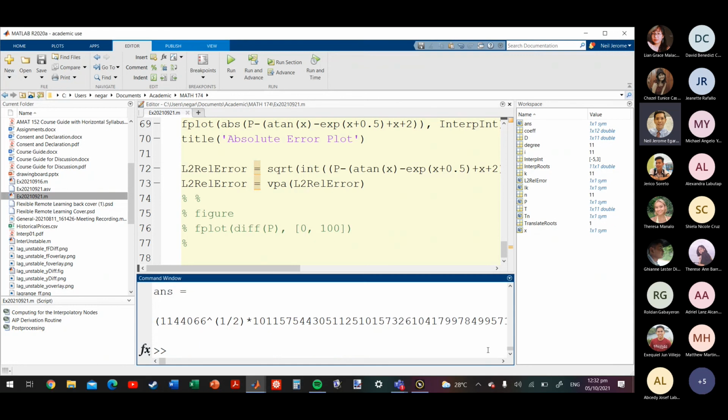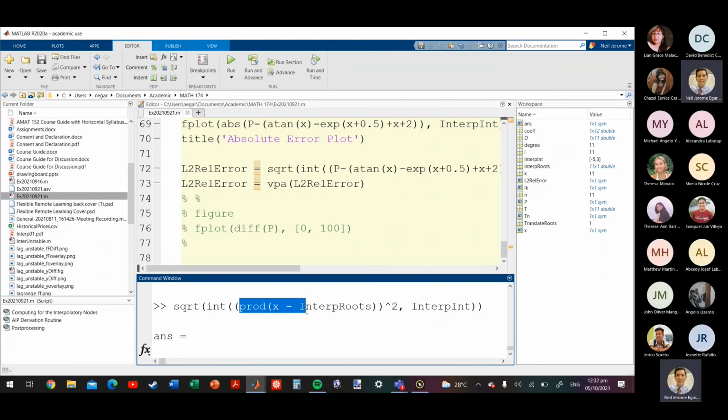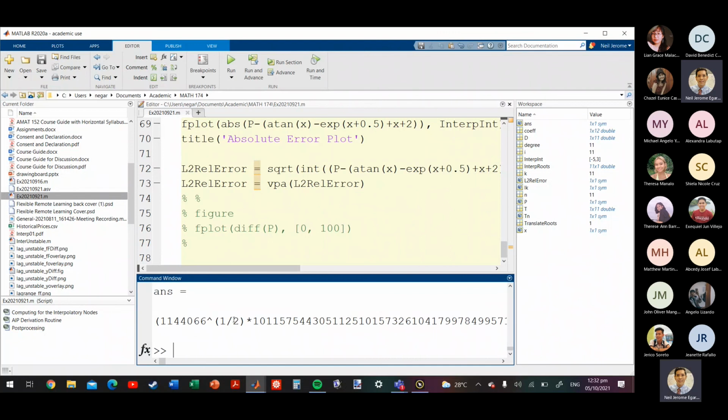And if I hit enter, I'll get a long symbolic expression because this time MATLAB was able to get the exact integral of this guy. Kaya binigay niya itong number na to. Kung gusto niyo makita ay decimal because that will make more sense, yung truncated version niya, mag-VPA lang kayo. VPA of ans will give us 7181.51, which is basically the value that you get in your module.